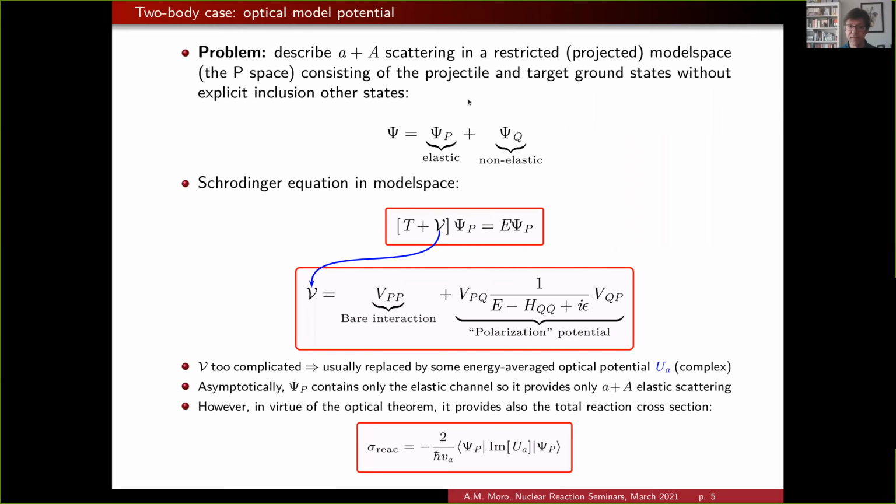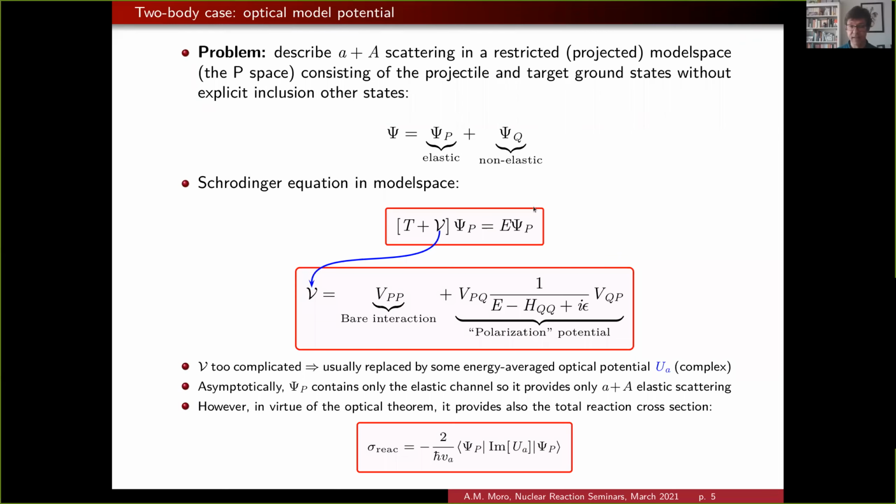We know that we have a way of describing the problem by considering only the ground state of the projectile and the target, and this is called formally, in Feshbach's formalism, the P space and Q space separation. And there is a formal equation for this component of the wave function that describes the elastic scattering.